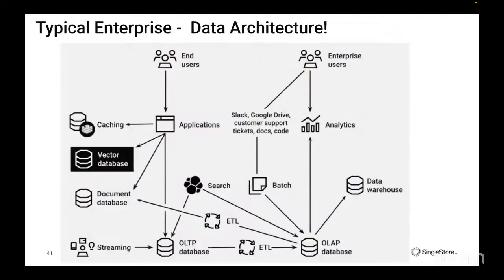So this is a typical enterprise data architecture. As you can see, your customers might be running analytical workloads, and initially you feel like having an OLAP database. Then somewhere in between you get some customers who are running transactional workloads, and you feel like having an OLTP database.